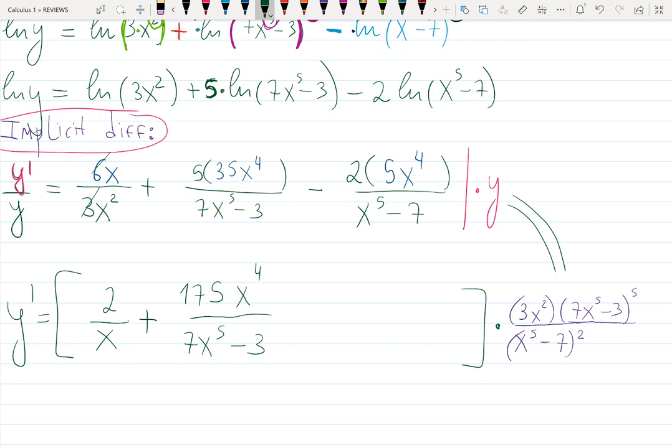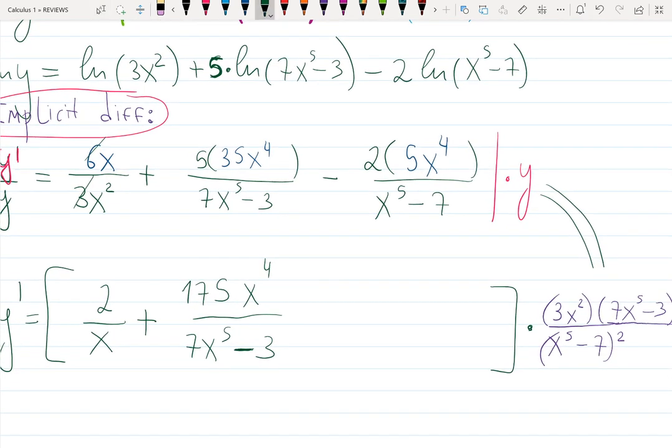Do not simplify x to the 4 and x to the 5. You cannot simplify or cancel out things if there is a negative or positive sign in the numerator or denominator. We could simplify in the first place because it's just products and quotients, that's it. Minus 2 times 5 is 10, x to the 4 all over x to the 5 minus 7.